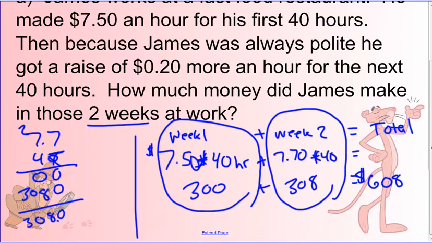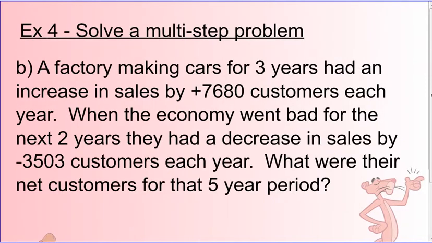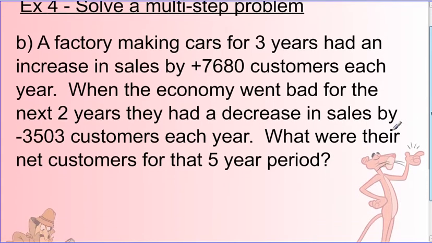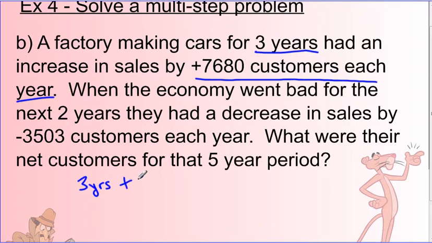Okay, let's look at letter B. It says here, a factory making cars for 3 years had an increase in sales by that many customers each year. Okay, so for 3 years, it went up by that much. So for 3 years, we went plus 7680.